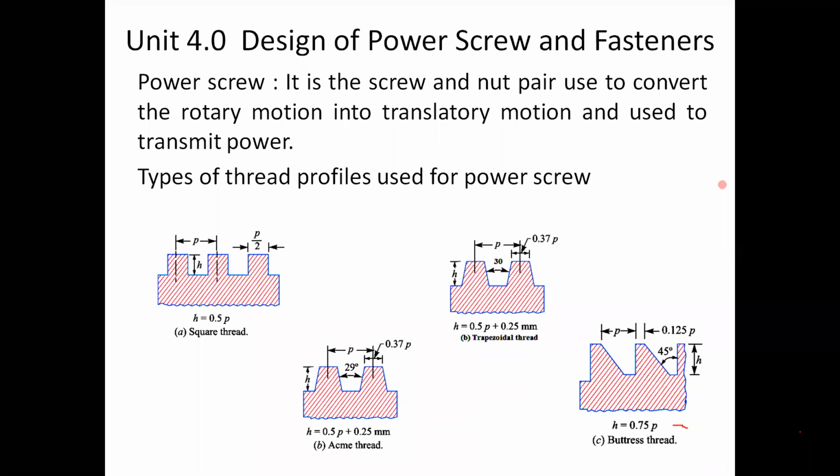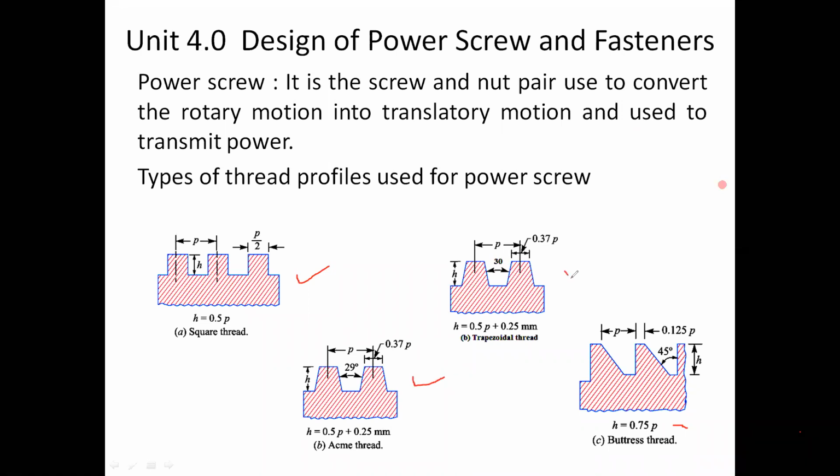So here in front of you, we have different types of power screw. The first is square thread. The second one is Acme thread.